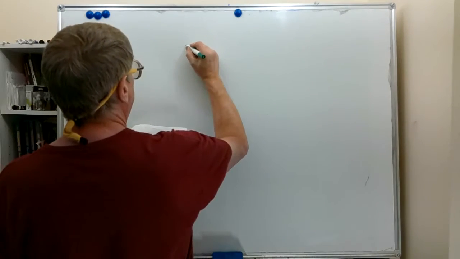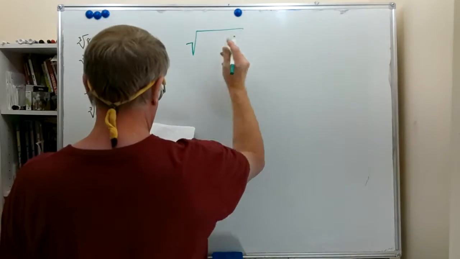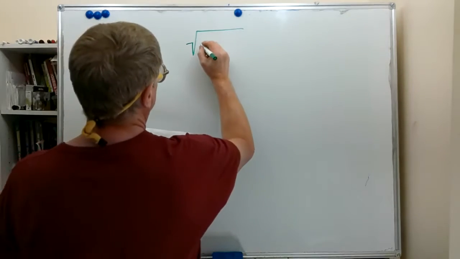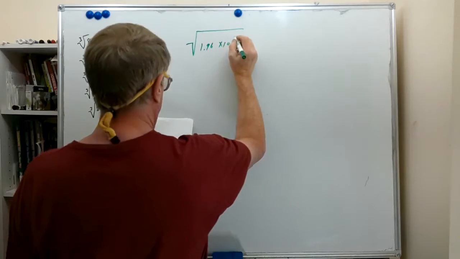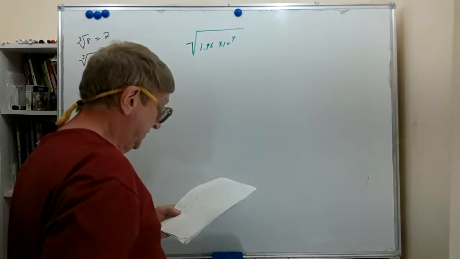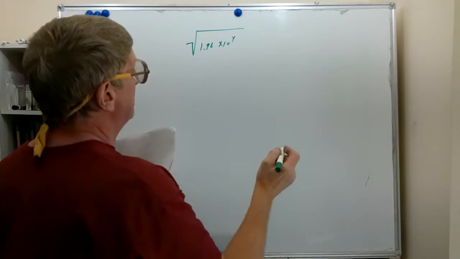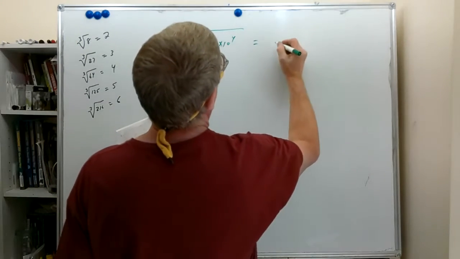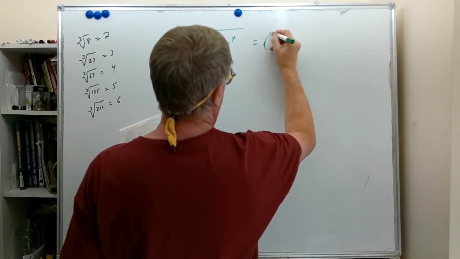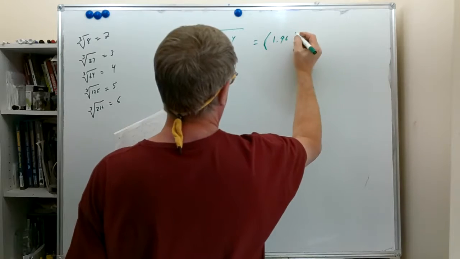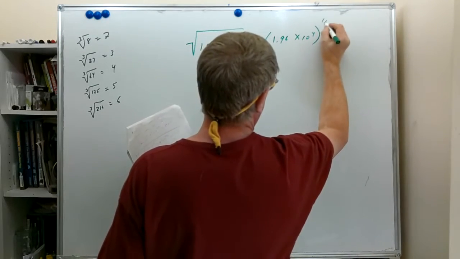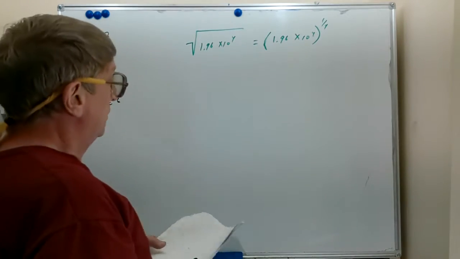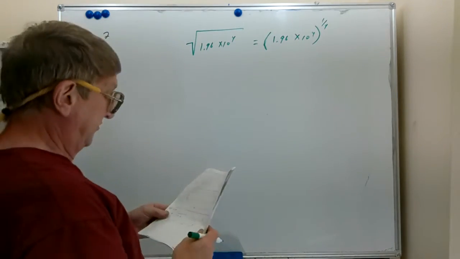We're going to do, this is the square root this time. The square root of 1.96 times 10 to the fourth. And you remember this is equivalent to 1.96 times 10 to the fourth, the whole thing raised to the 1/2, which helps us in separating this.